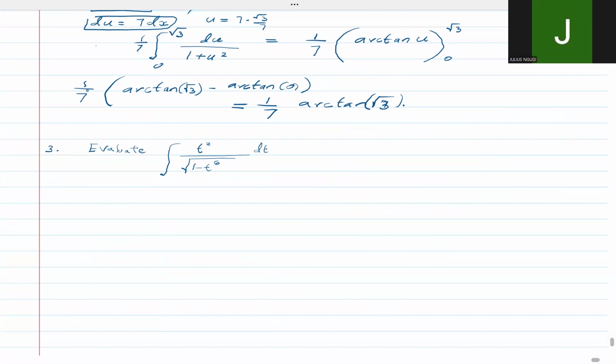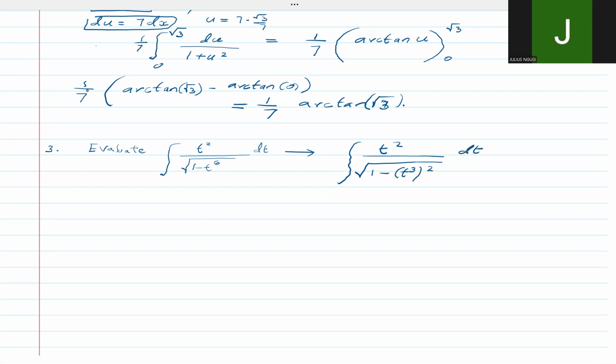For number 3, again, the integral here, we can rearrange this to be t squared divided by the square root of 1 minus t cubed, squared, with respect to t.